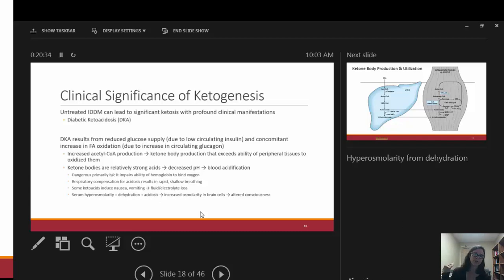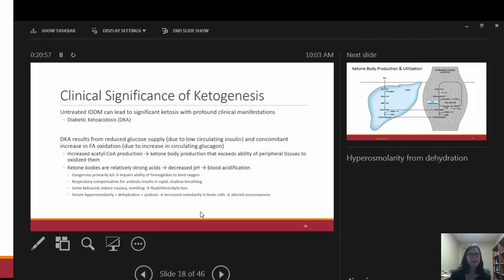If we remember back, for other reasons of osmolarity, of high glucose concentration in the blood, this also leads to a lot of fluid loss. So we're having a compounding issue here, where someone who has DKA is losing a lot of fluid.